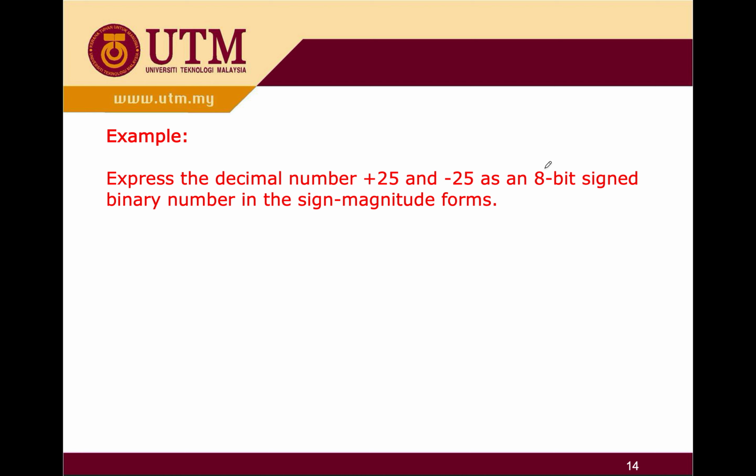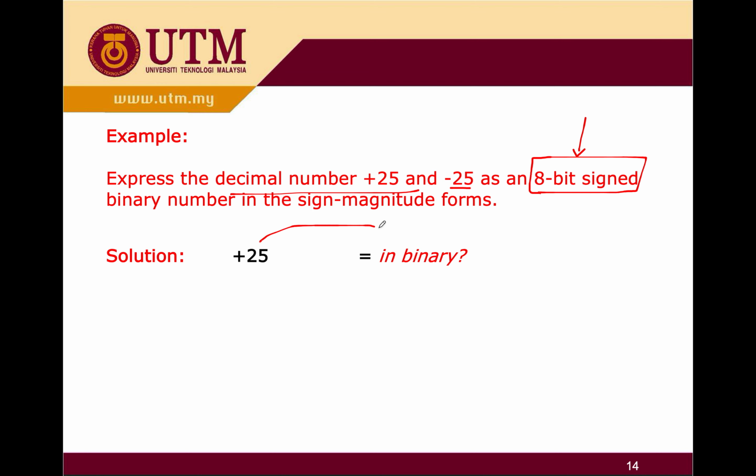Another example, which is: express the decimal number positive 25 and negative 25 as an 8-bit sign. So you were given this as a guide for how many bits we're going to write. So over here, what is plus 25 in binary? You will get 10011.